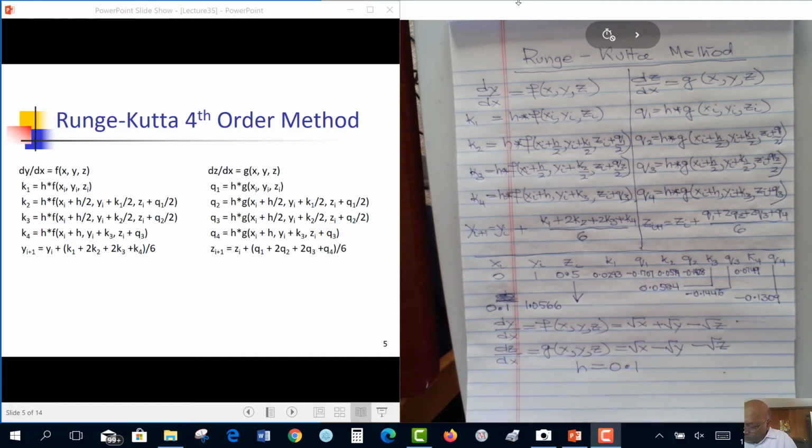Let's do Zi. So let's start with Q1, minus 0.1707, minus 0.1428, minus 0.1446, minus 0.1309, plus 0.5.